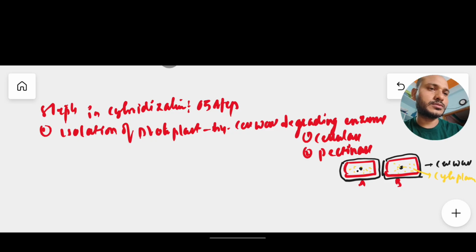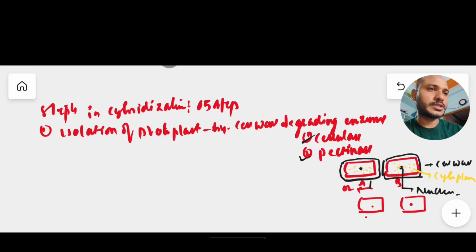In isolation of protoplast, we have to degrade the cell wall by using cellulase and pectinase enzymes. After the cell wall is broken down by these two enzymes, we obtain only pure protoplast.